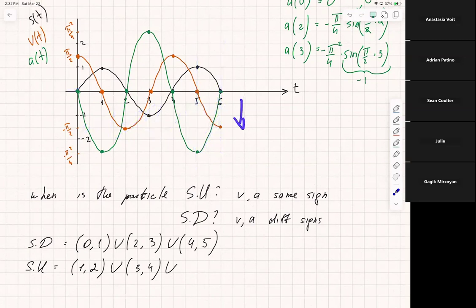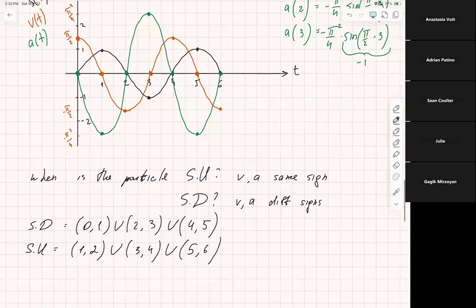So we are below the t-axis or x-axis right here. So that means that these are both the same signs. So we would have here speeding up from 5 to 6. And this is it for this type of problems. That's how you finish this problem.